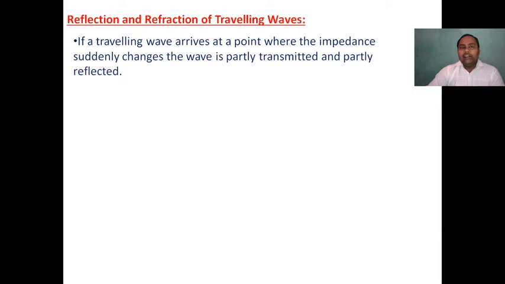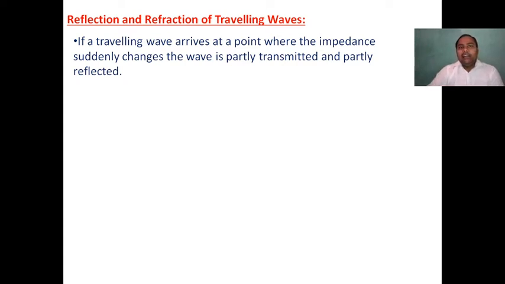If a line is connected to a cable, or a number of lines or cables are intersecting, definitely the impedance changes. So wherever the impedance changes, the wave is partly transmitted and partly reflected.